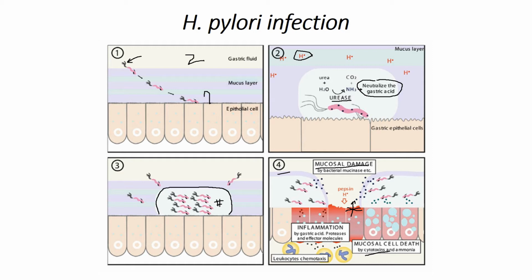So the colonization of these H. pylori is disrupting this normal function, and now this opens up the possibility of the pepsin, which is the primary protease that's involved in protein digestion, acid dependent, and the acid itself from contacting that epithelial surface. That, of course, is going to cause mucosal cell death.